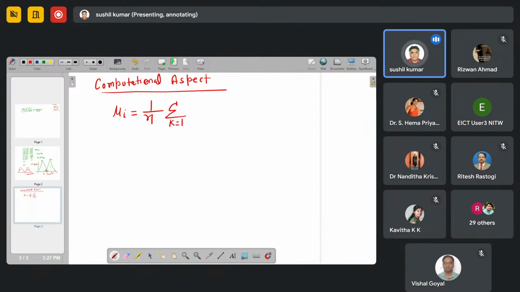So k is equal to 1 till n, that many features are there, and this is the vector x_k. I think everyone will agree with this formula. I'm not doing anything extra here. So this is the formula for mean: the sum of the values x1, x2, x3, x4 divided by the number of variables.